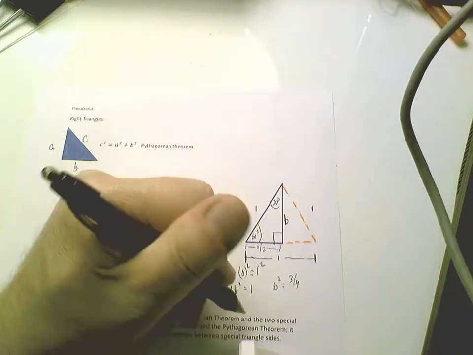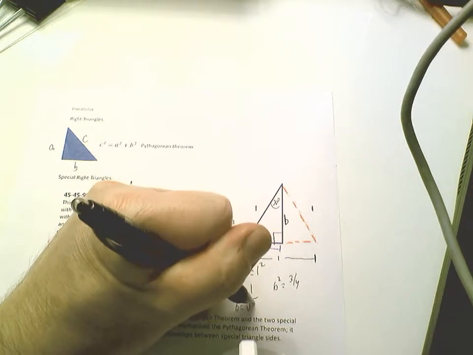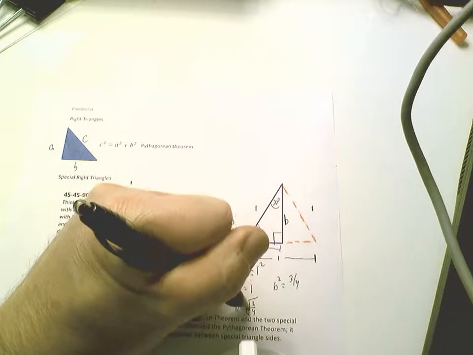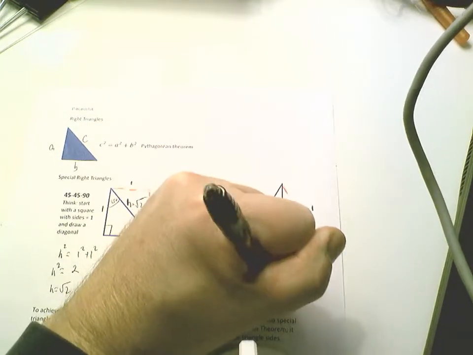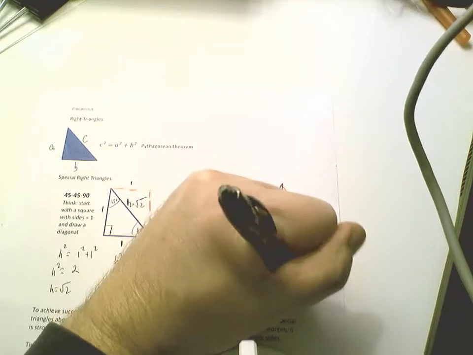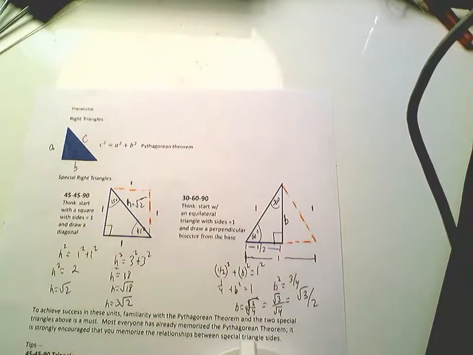B equals the square root of 3/4. Remember that the square root of a fraction can be represented as the square root of the numerator divided by the square root of the denominator. So this can become the square root of 3 over the square root of 4, or the square root of 3 over 2.